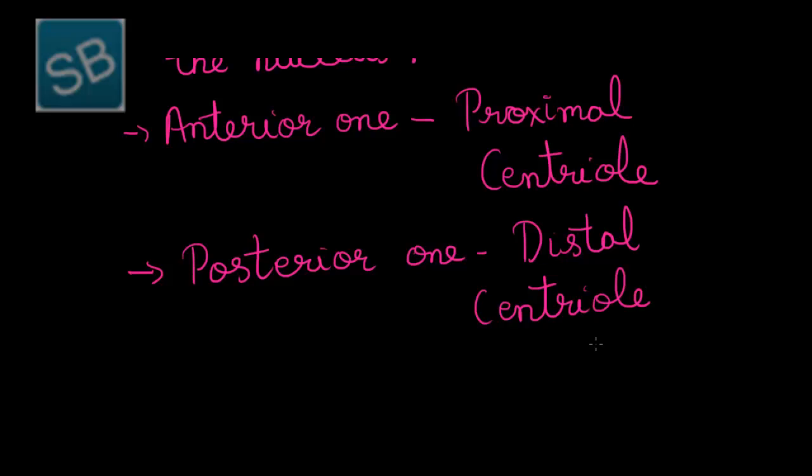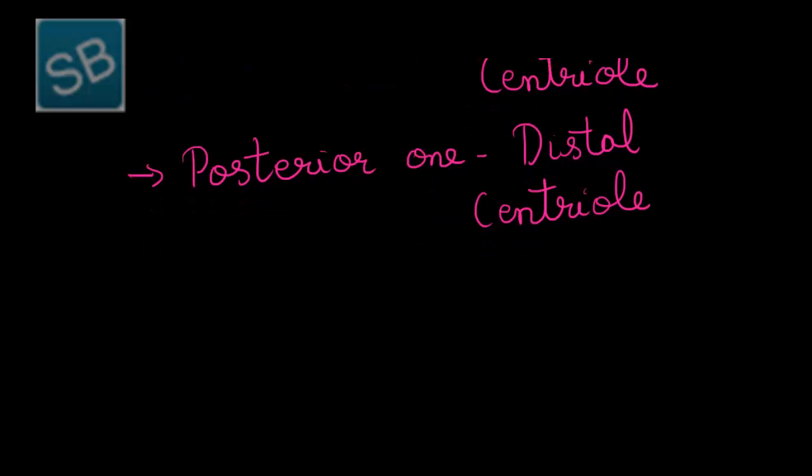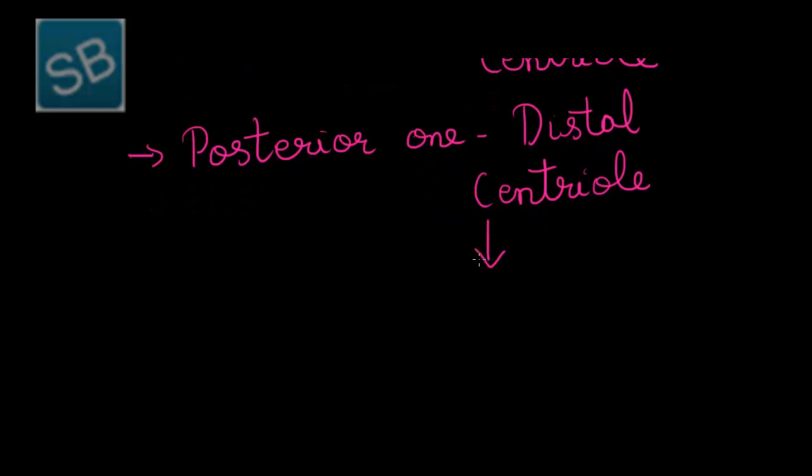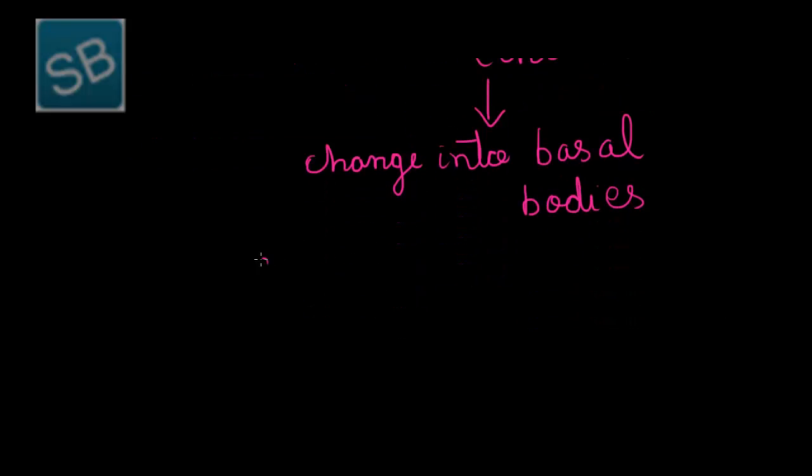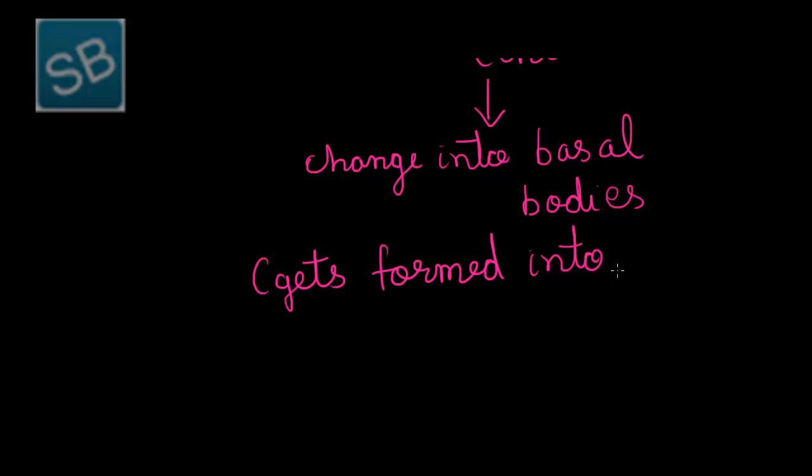Here the distal centriole gets changed into the basal bodies, that is, these basal bodies help in the formation of axial filament of the sperm. Thus, these basal bodies get formed into axial filament of sperm.